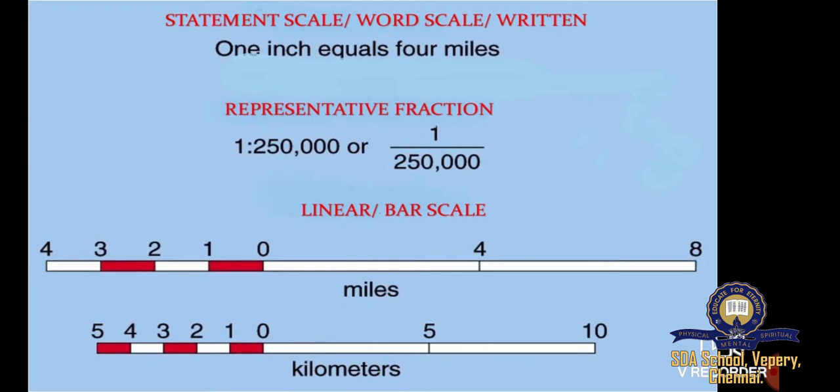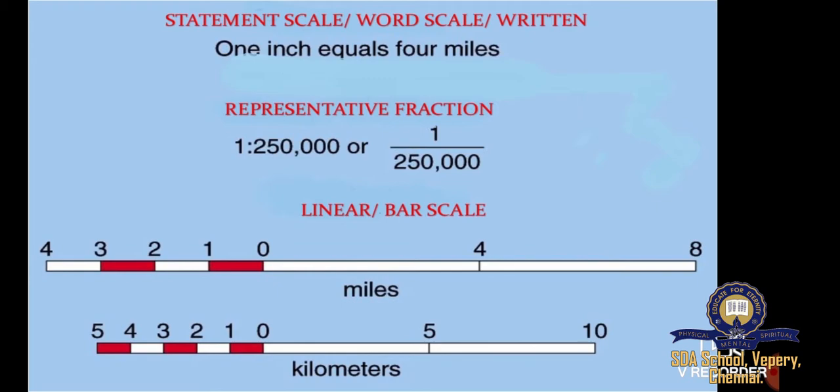In this method, the ratio between the map distance and the ground distance is given as a fraction whose numerator is always 1. For example, RF, that is representative fraction, is given as 1 by 1 lakh.